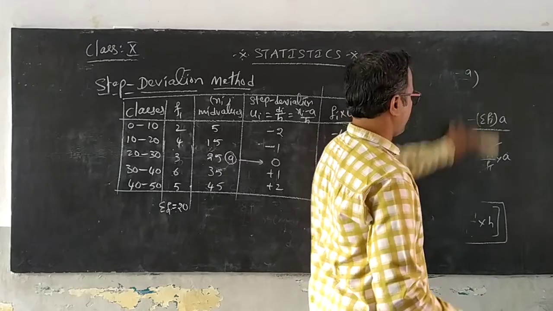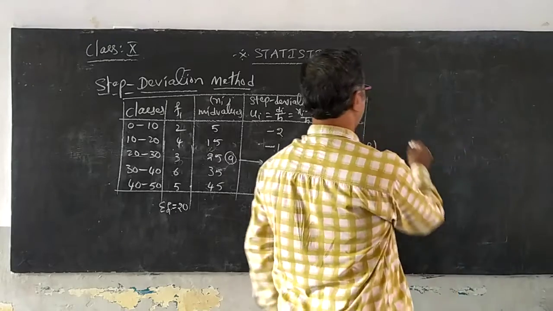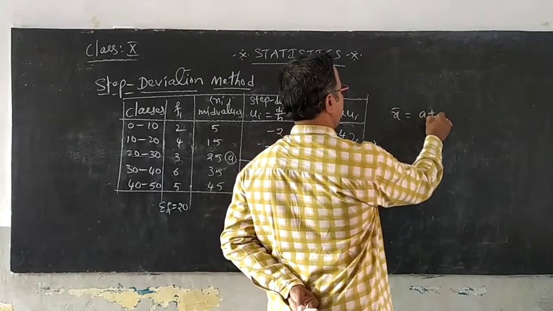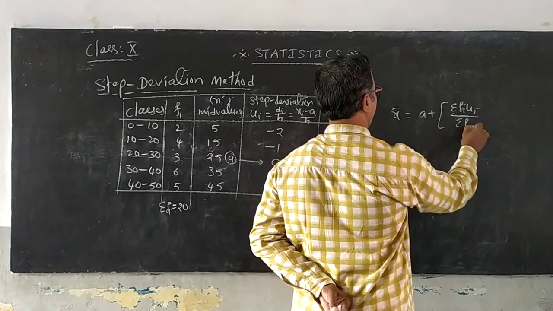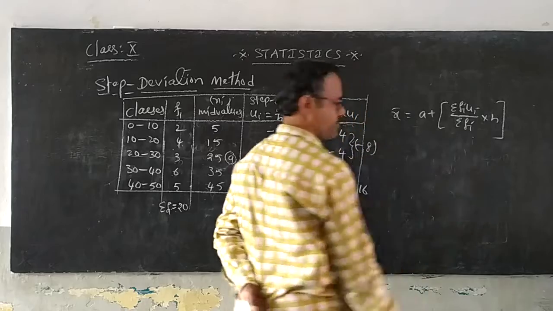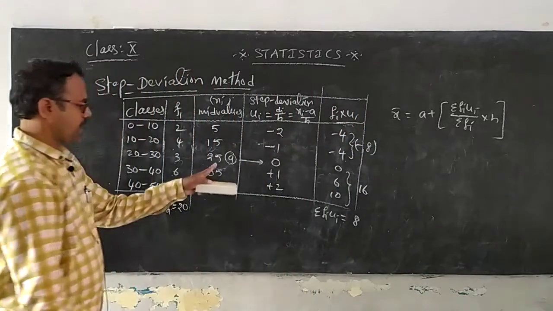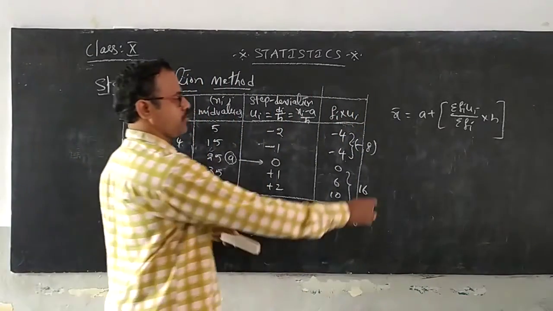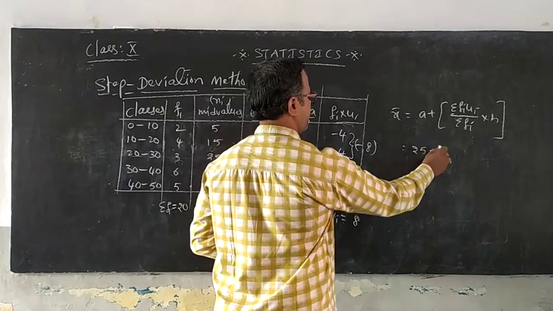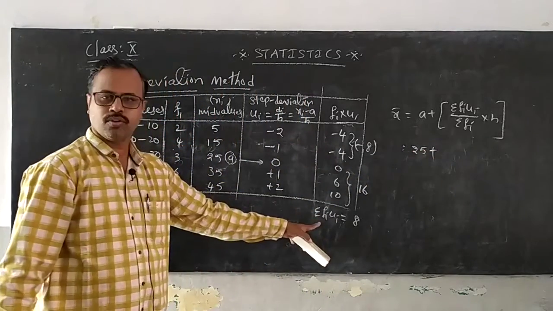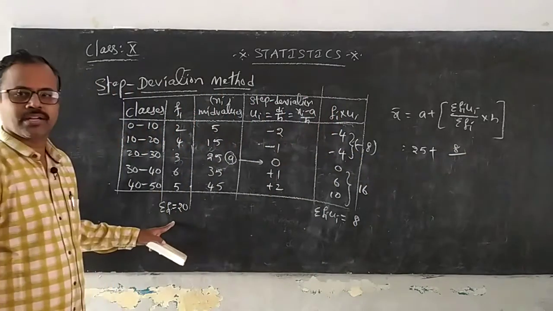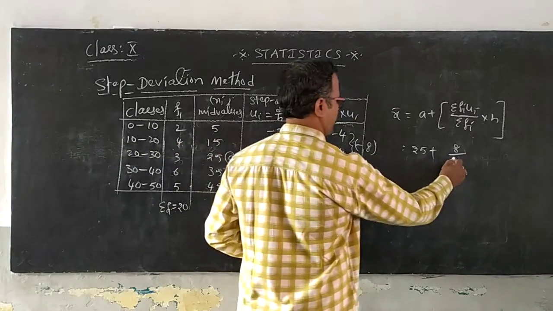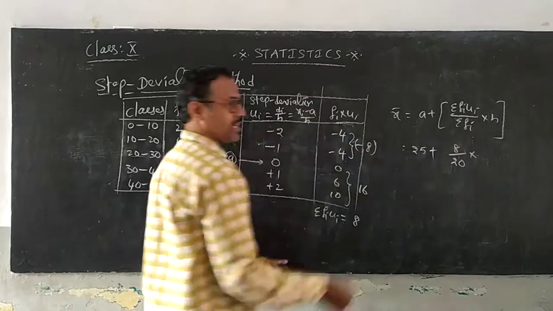X bar is equal to A plus sigma fi ui by sigma fi into h. What is A? Assumed mean from the mid values. You can take 25. Now, what is sigma fi ui? You got 8 upon sigma fi, which is 20, into h.